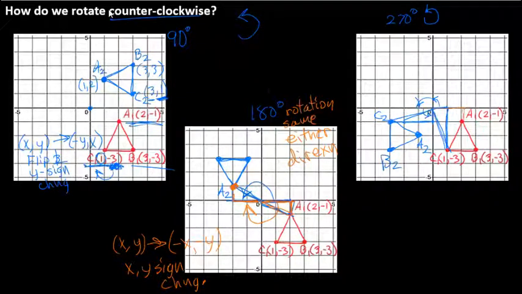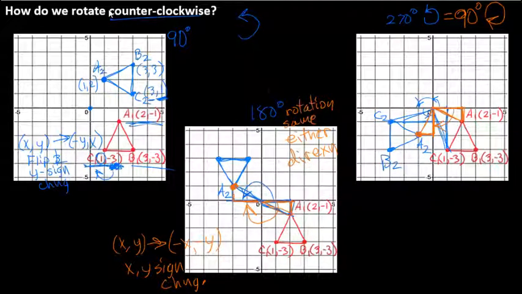So I'm going to start with A. I'm using a different color here. And I'm going to go 90 degrees clockwise this time. So that means I'm going to go from here to here. So that's 2 by 1, and it's the exact same thing. Okay, so 270 degrees counterclockwise is the exact same thing as 90 degrees clockwise.